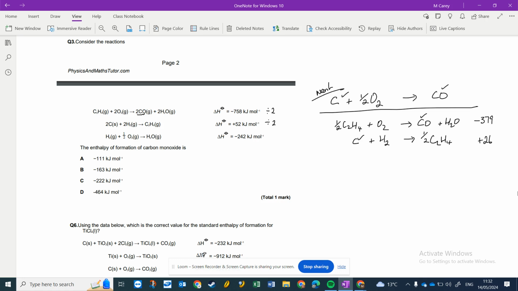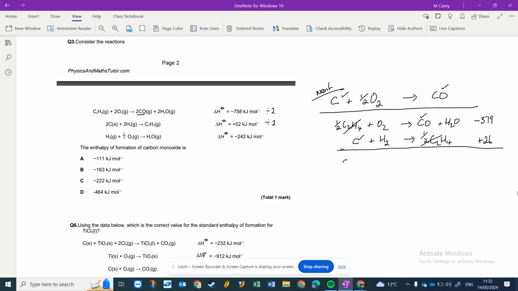And now what else are we missing? A half O2. So actually, if we just take the bottom equation and add it on, how's that going to work out? I think we'll add these together first and see what we get, because I think we have to reverse the other one. So we add those together, cancel those out.